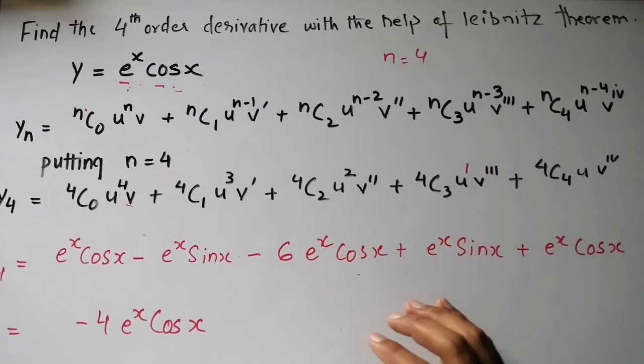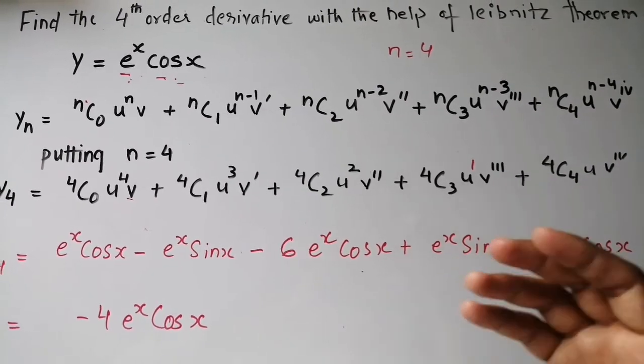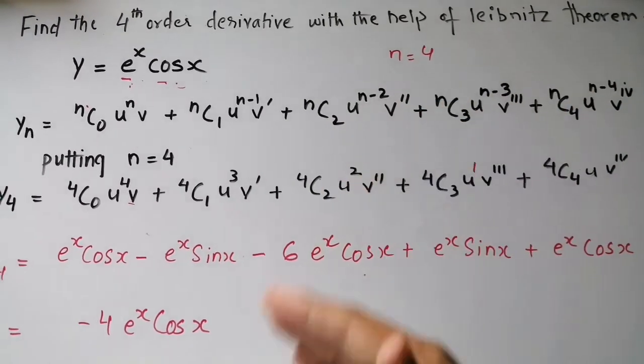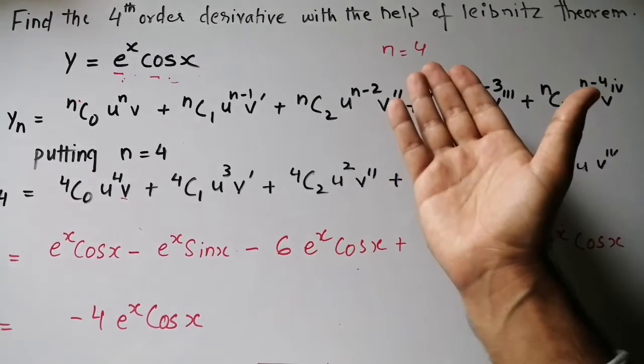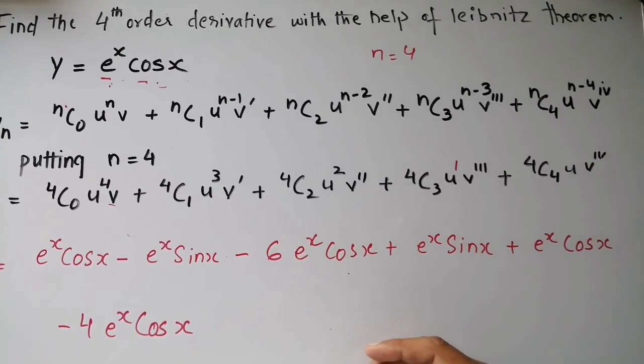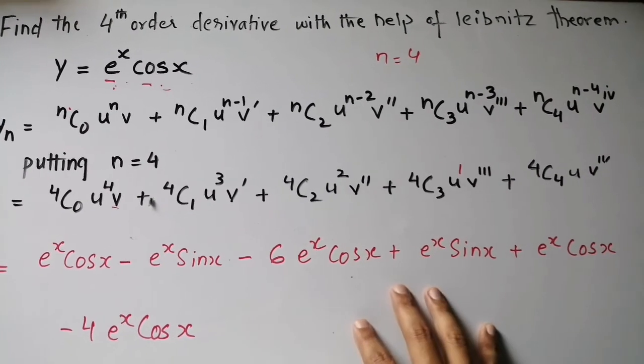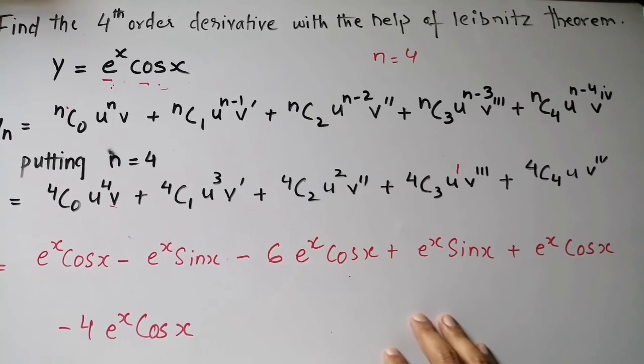So in this way Leibniz theorem helps us to find the nth order derivative also, and like if we choose n equal to 4, you may calculate for the value of n equal to 5, n equal to 6, and for some general value n equal to n. So here it is, we have proved the Leibniz theorem and we have solved an example through Leibniz theorem.